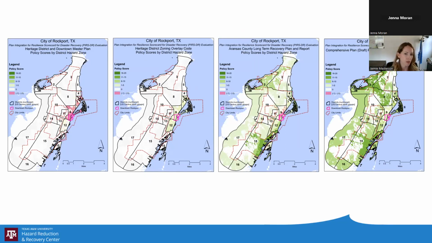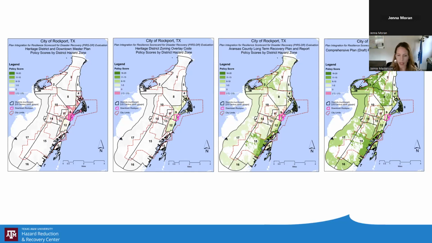For instance, the map on the left is their Heritage District and Downtown Master Plan. Well, it has a sort of pink or red color, and it had more policies that were increasing vulnerabilities. So now we can see how each of the plans is doing visually with these maps.